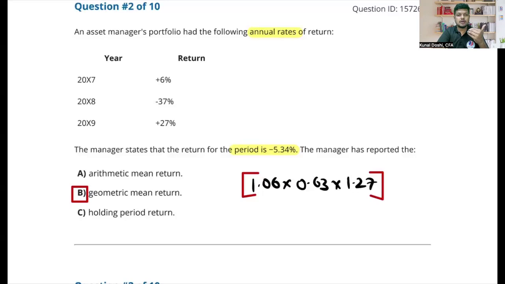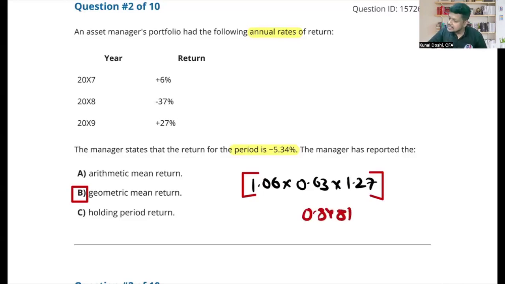Everyone, correct? I'll repeat. First of all, on your screen, you get 0.84. Then I'll repeat again, 1.06 times 0.63 times 1.27. Friends, there is no minus. I see some of you have said minus. It's no minus. It is 0.8481.